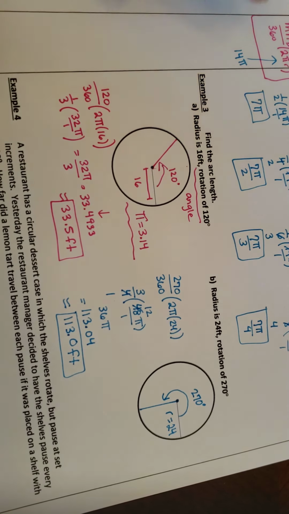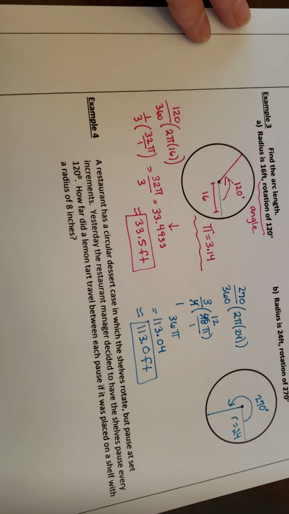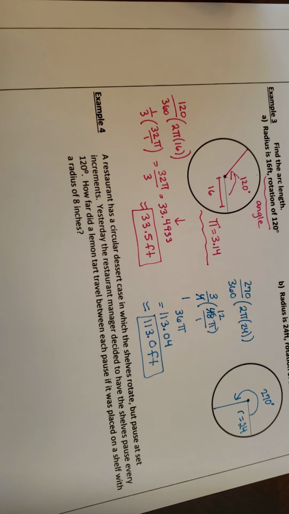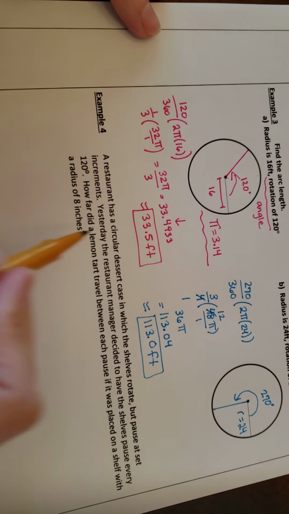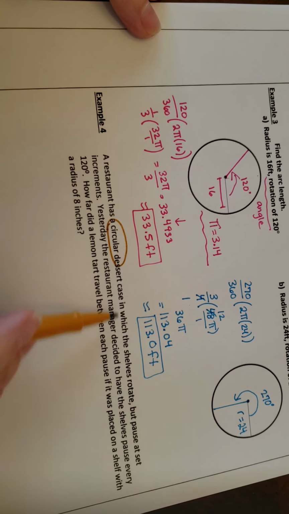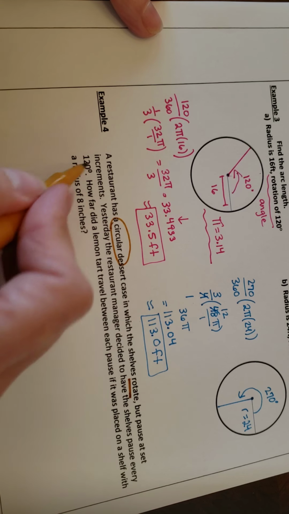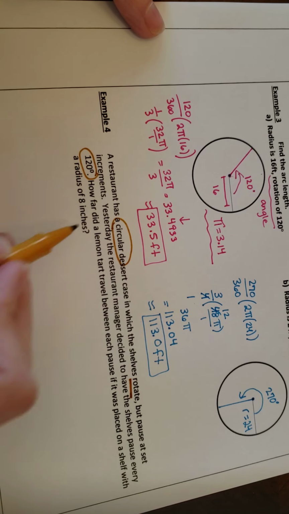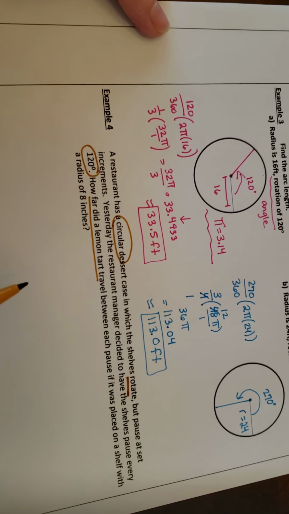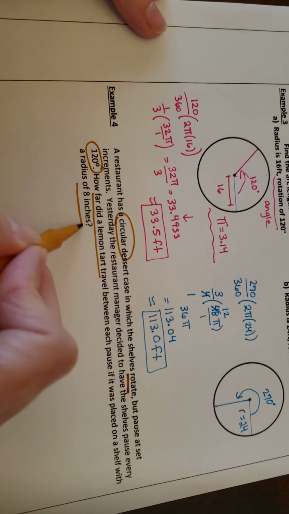Our last example is going to be a word problem. You have a few of these on homework as well. So you want to look for some key words. First it says circular, and it says they rotate. They pause every 120 degrees. How far, so you know you're trying to find a distance, did the shelves travel if it had a radius of 8?